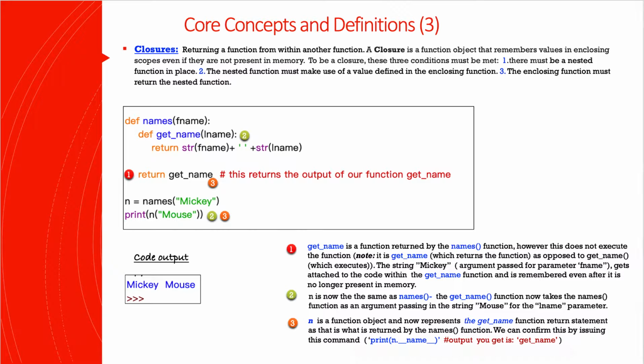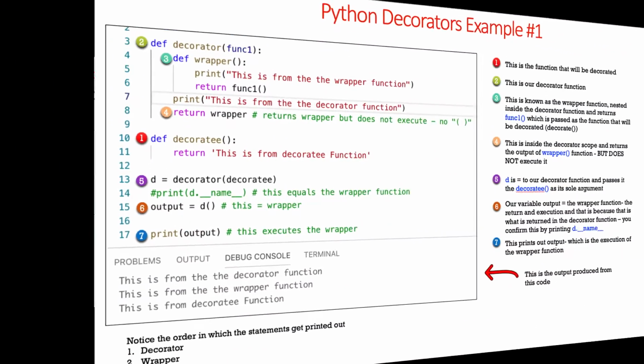So if you're ever confused, don't be afraid to make use of that name attribute and print that out and see what you're working with. This meets all the tenets of a closure, and you can see that it prints out, as we would expect, Mickey Mouse from the return of our fname concatenated with lname within our get_name function.